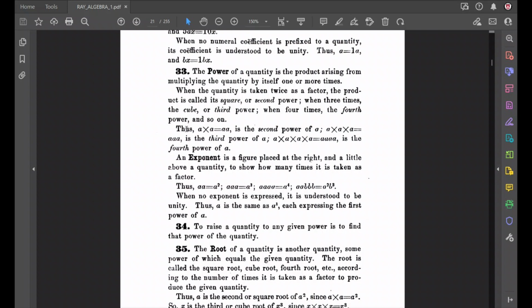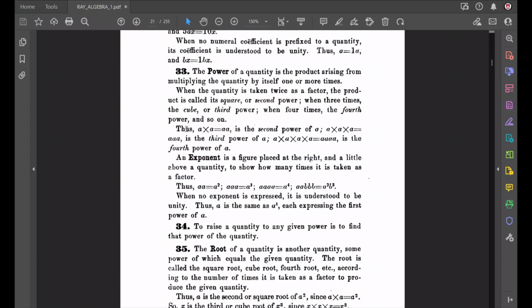The power of a quantity is the product arising from multiplying the quantity by itself 1 or more times. So 9 is the second power of 3 because we're multiplying 3 by itself. Right? 3 times 3. This is called the second power.